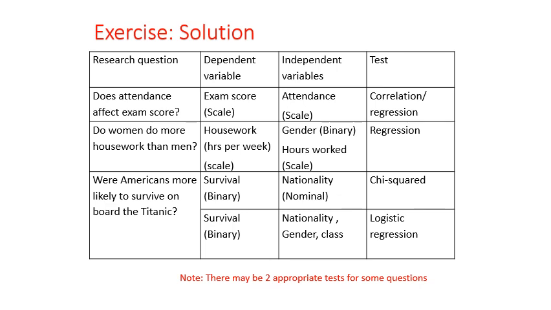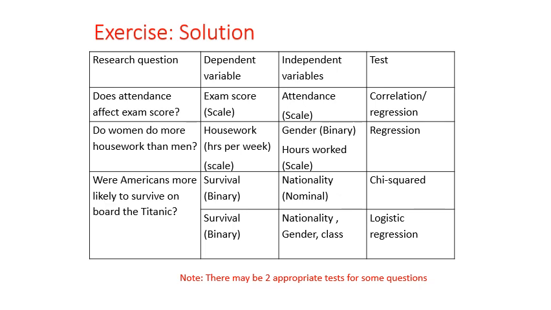Do women do more housework than men? So your dependent is the housework that's measured in hours per week, that's scale. And independent variable is binary, that's gender. And also these are the hours worked also, so you're going to use regression. But in another question, you have, were Americans more likely to survive on board Titanic?